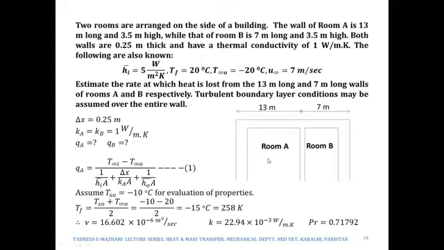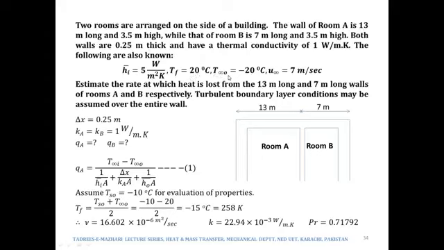Hi bar means H inside room A and room B is 5 watts per meter square Kelvin. Temperature of the TF is 20 degree Celsius. So the temperature inside the rooms, both rooms A and B, is given to us as 20 degrees Celsius.